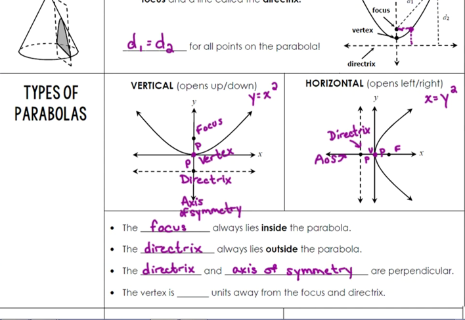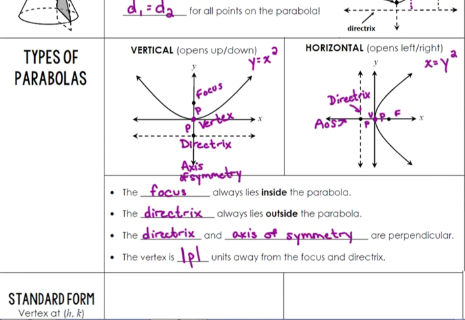And the vertex is, we'll call it absolute value of p because it is possible for that constant to be negative. It is absolute value p units away from the focus and the directrix. Kind of like our a's and b's and c's that we've been dealing with, with the parabola, we just use a p instead.